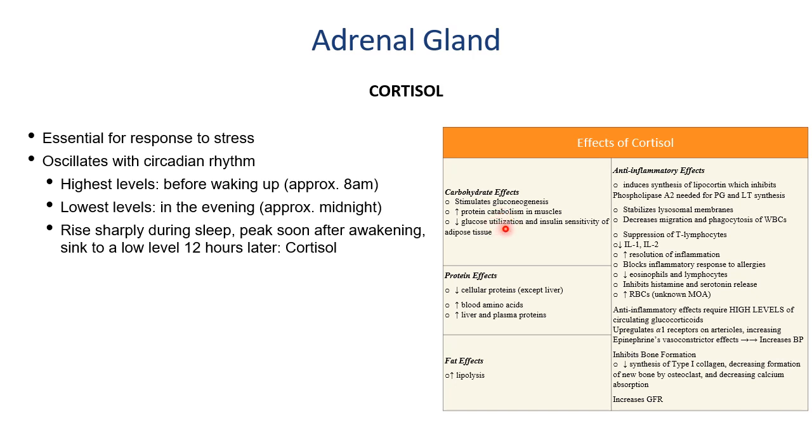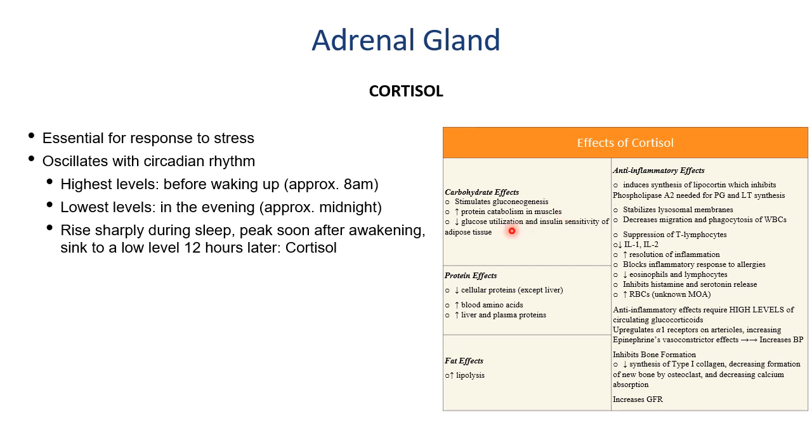So what would be the effects of cortisol on carbohydrate metabolism? It stimulates gluconeogenesis, which is the making of new glucose units from amino acids. And because the source of the new glucose molecules would be amino acids, it also stimulates protein catabolism in the muscle, where amino acids are stored as protein.